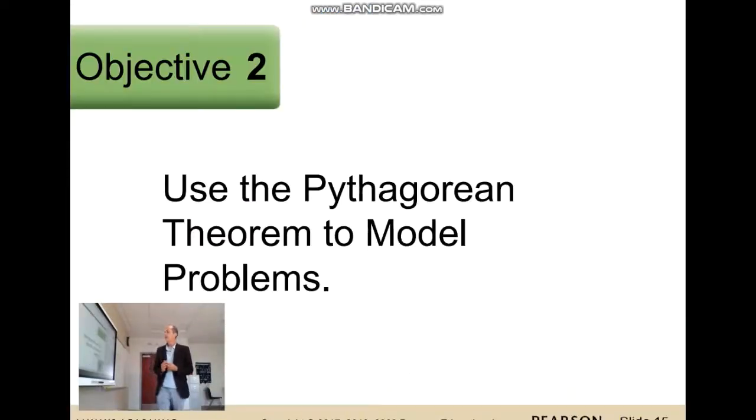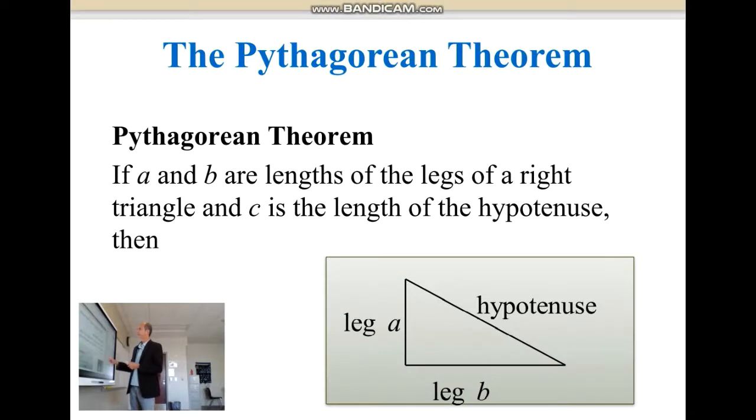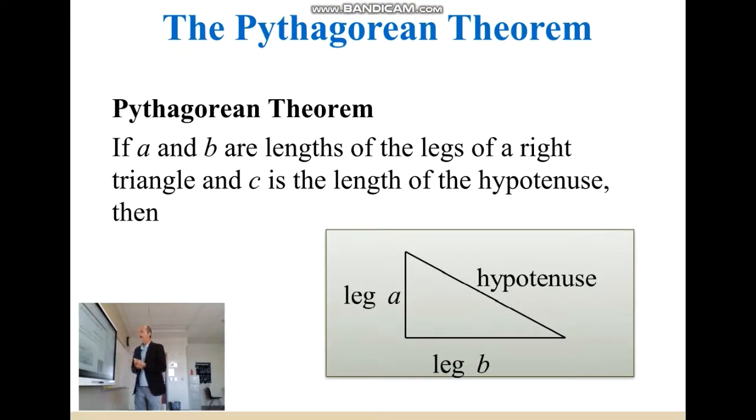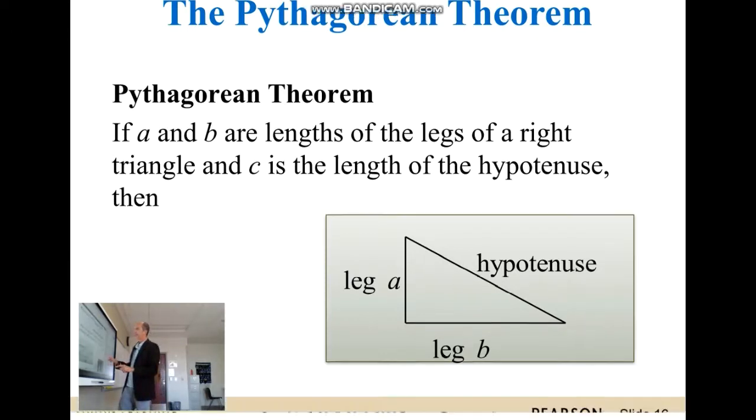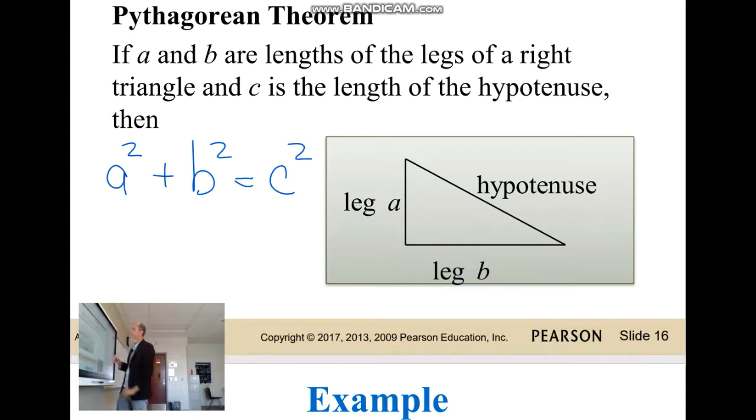Let's work now on objective number 2: use the Pythagorean theorem to model problems. The Pythagorean theorem: if a and b are the lengths of the legs of a right triangle, and c is the length of the hypotenuse, then a squared plus b squared equals c squared.